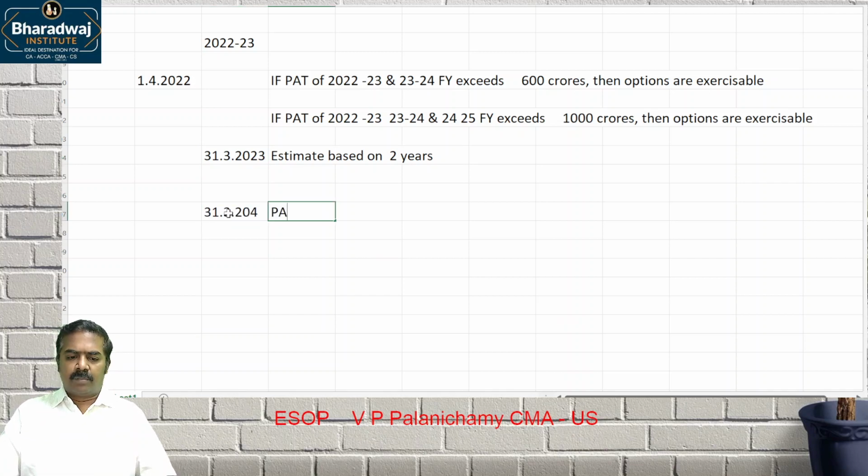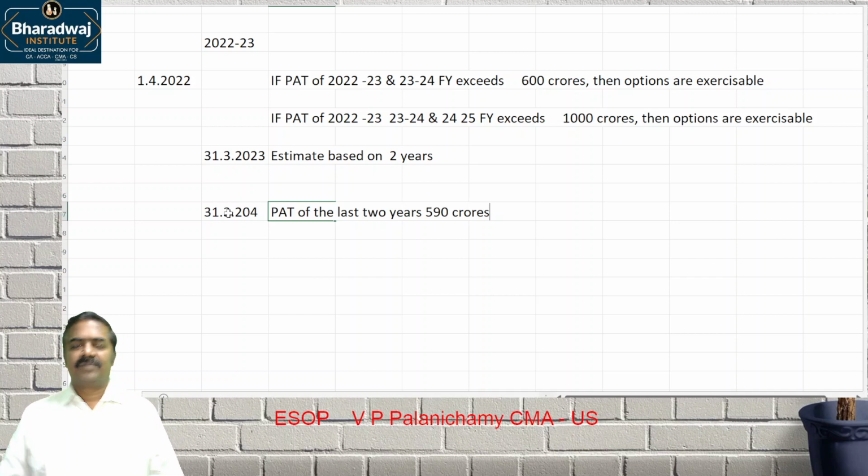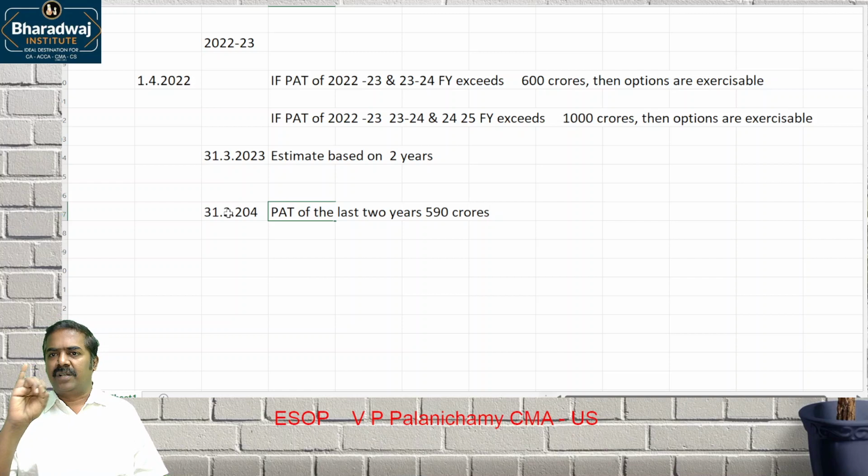Let's assume on 31st March 2024, the profit after tax of the last 2 years is 590 crores. But what is the condition? Options are exercisable after the second year if the profit after tax exceeds 600 crores. The actual position is known on 31st March 2024, and the profit after tax is only 590 crores.